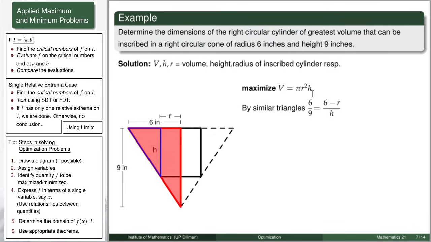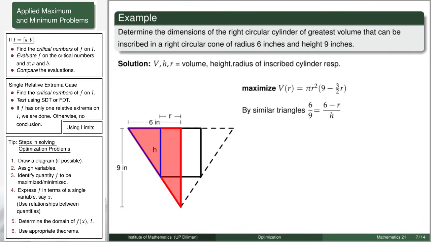On the other hand, if I solve for h, then I don't need to square it, and you just need to multiply it here, which of course makes it much easier. And true enough, if I multiply both sides by h in our equation here, I will obtain V of r to be pi r squared times 9 minus 3 over 2 r. We now have a function of a single variable. It's a matter of finding the domain.